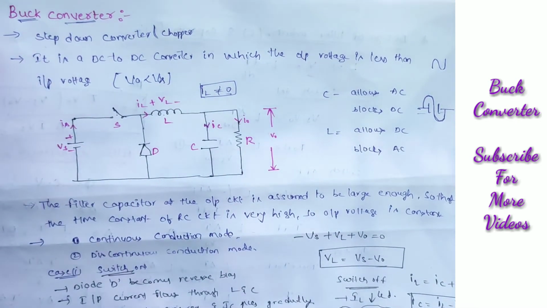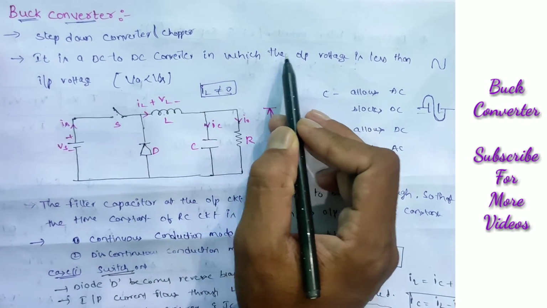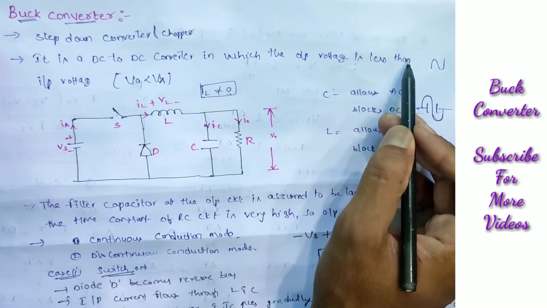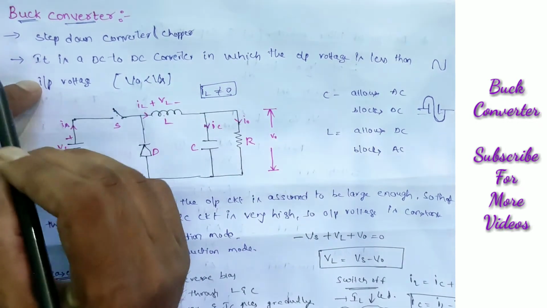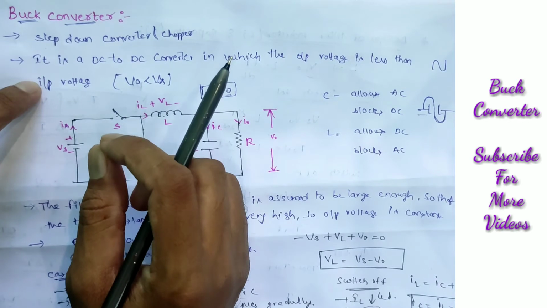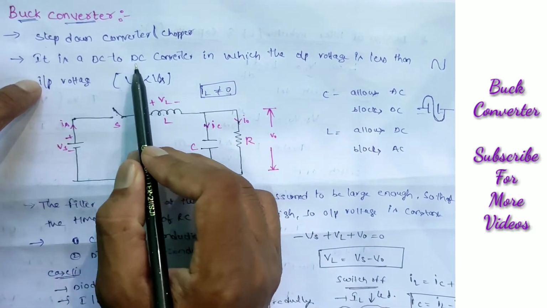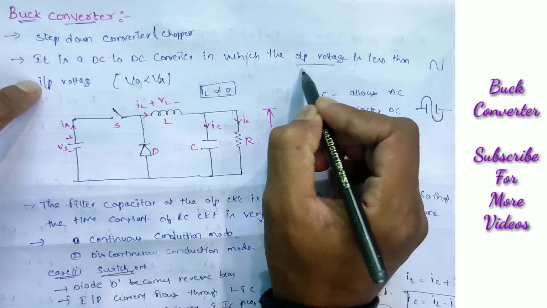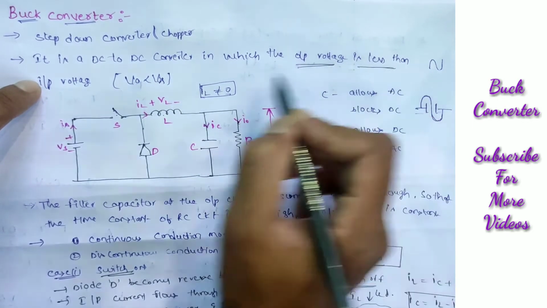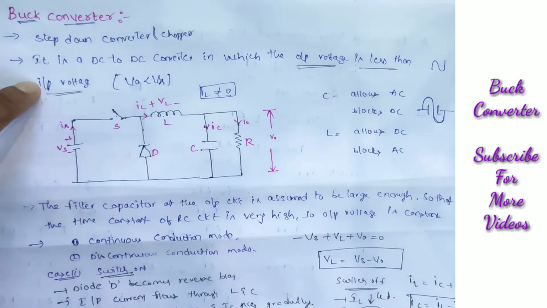The buck converter is a DC to DC converter in which the output voltage is less than the input voltage. As we explained in the step down chopper, the same definition applies here: the output voltage is less than the input voltage. It is known as the buck converter.